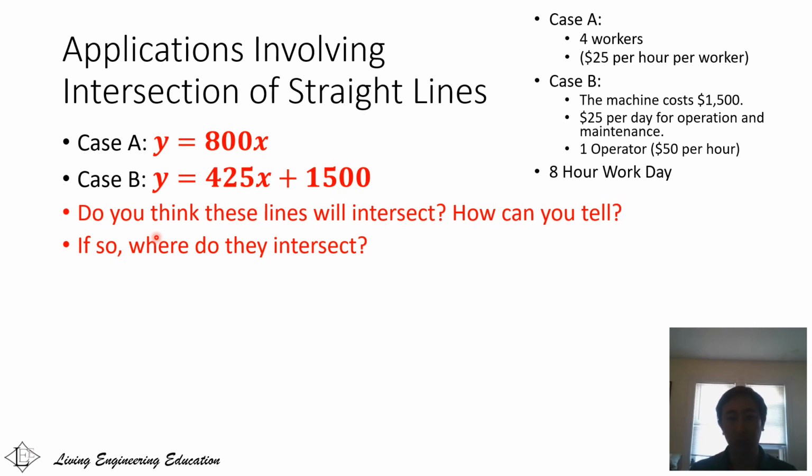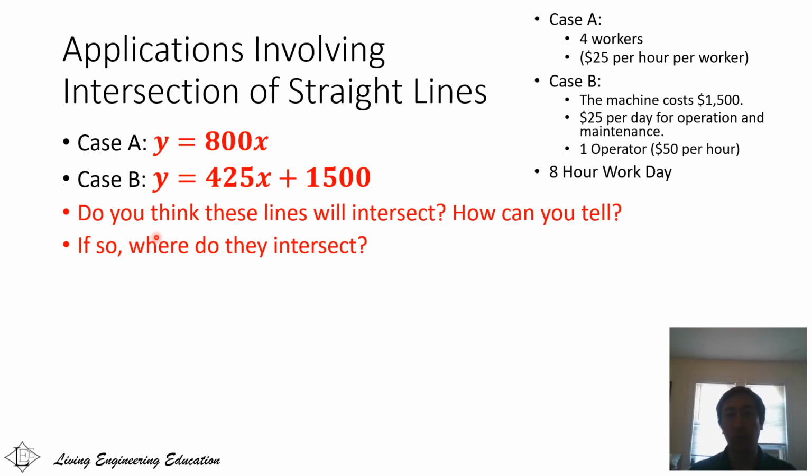So how do you determine that? Well, first you can look at the y-intercepts. Case B's y-intercept, 1,500, is larger than case A's y-intercept of 0. So I know case B is going to start up higher than case A. Then I look at the slopes.